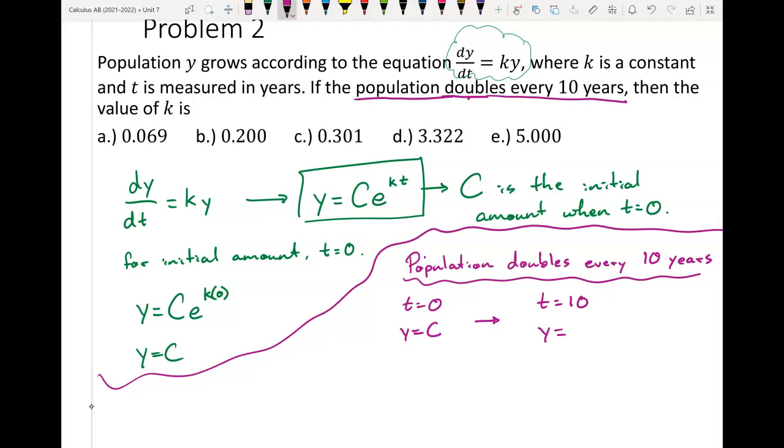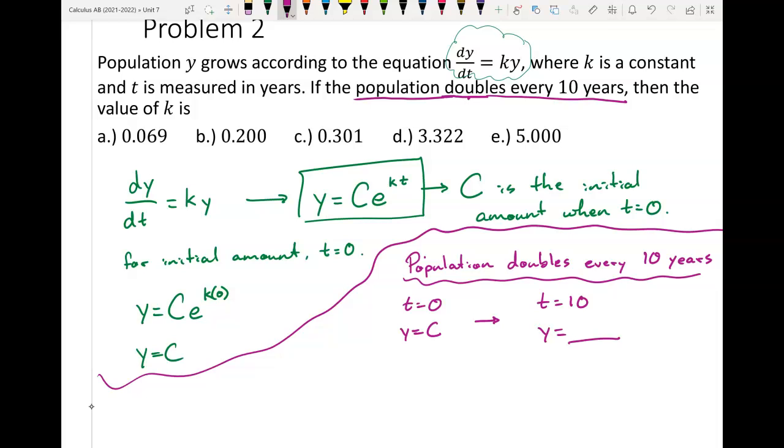I want you to think about that. So population doubles every 10 years. Our initial amount is c at time equals 0. So then in 10 years, what would our amount be? Think about it in your groups. What would be our y here? After 10 years, if at time equals 0, y is c. At time t equals 10, what would y be?